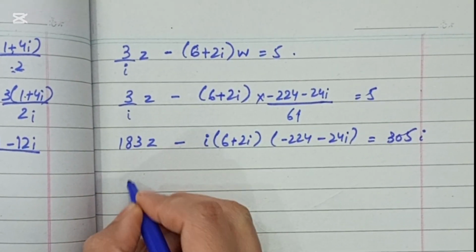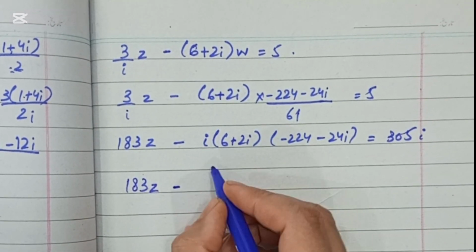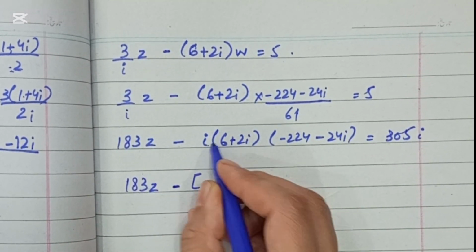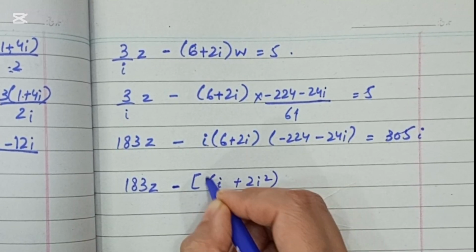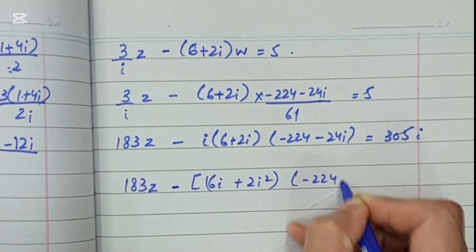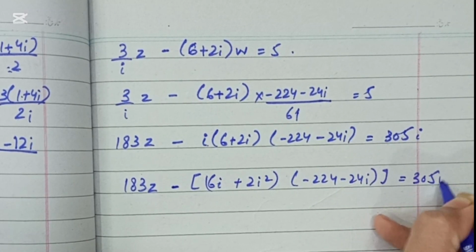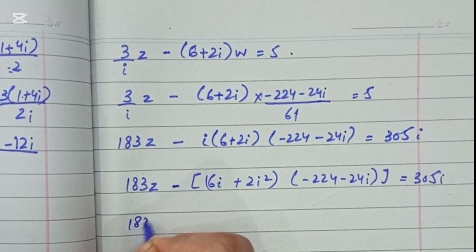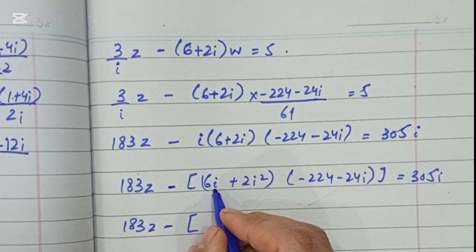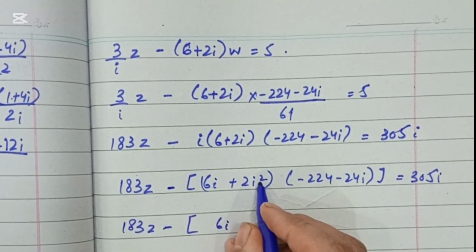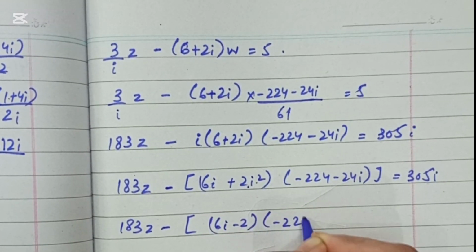Okay, 183z minus, multiply this iota inside, 6 iota plus 2 iota square, minus 224 minus 24 iota equals to 305 iota. 183z minus, this is 6 iota, and iota square will change the sign, this will be minus 2.